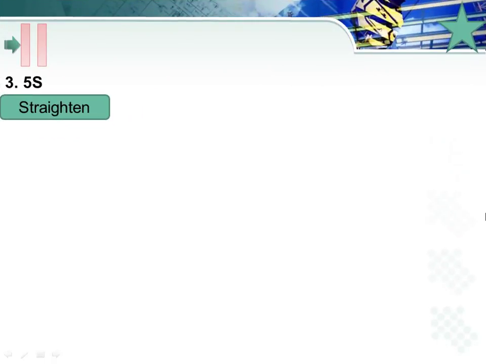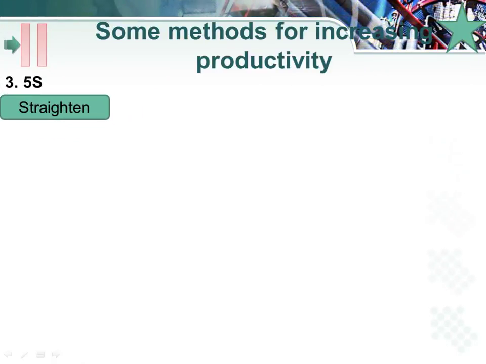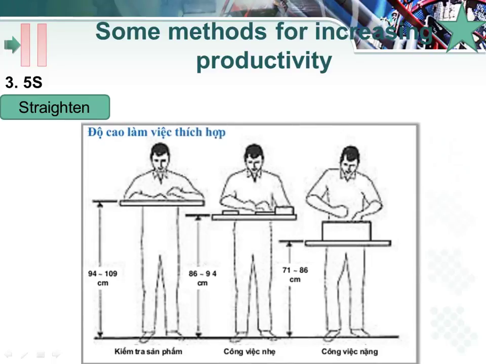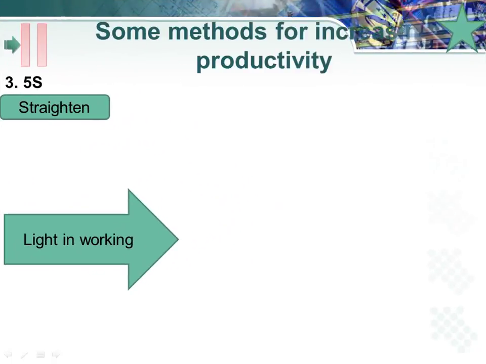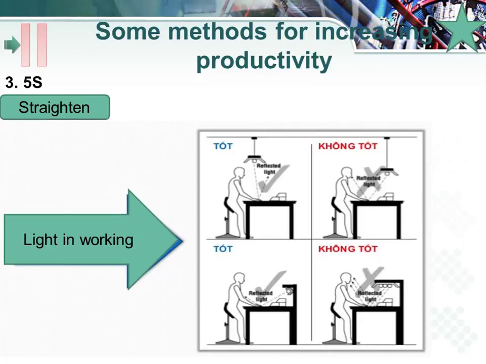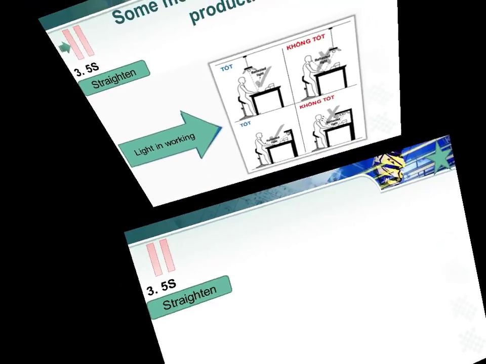The next example is about the height of the working place. There are three types. First, for checking the products is about 94 to 109 centimeters.